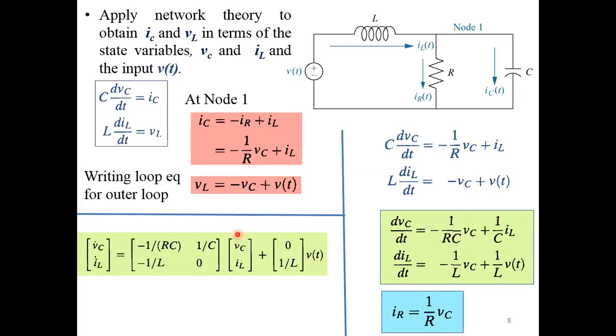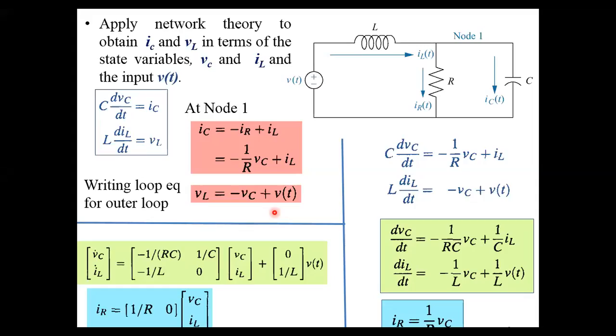Similarly, the state vector here, and the B matrix, here there is no input, so this will be equal to 0. Here we have 1 over L coefficient, so 1 over L will be written here. IR, the output matrix, will be written in this form. Because IL is equal to 0 in this case, 0 will be written here.